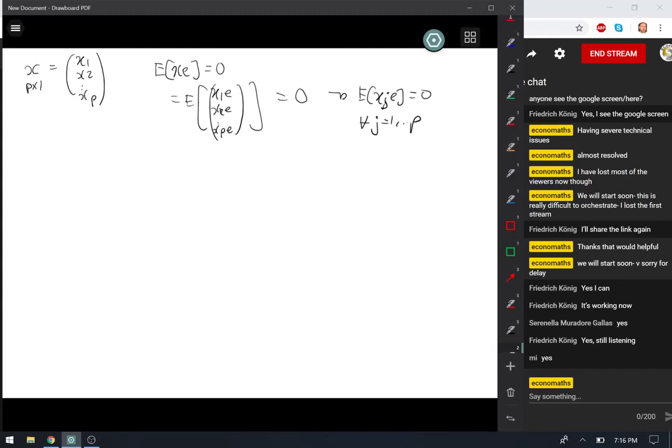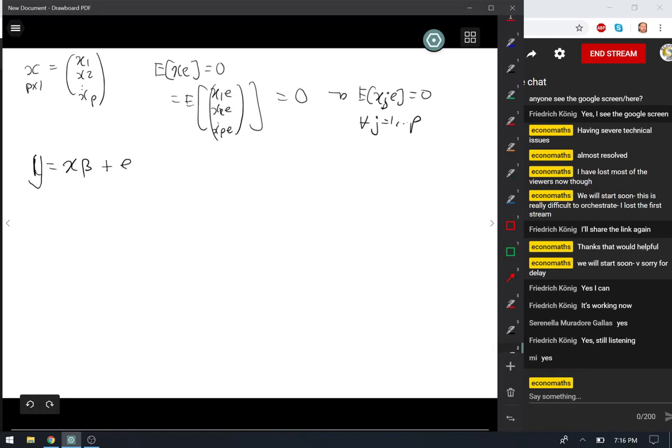So when we have a linear model, if we have y equals x transpose b plus e, and assuming that this holds, what does it imply? If we enforce this, it says that beta is E[x x transpose] inverse times E[x y].